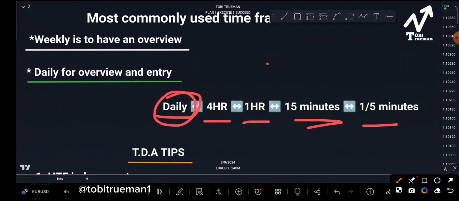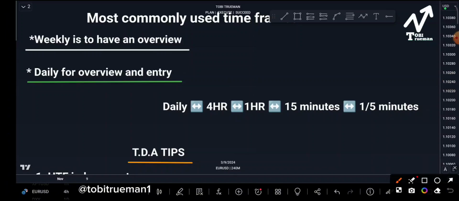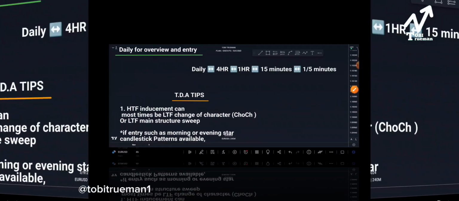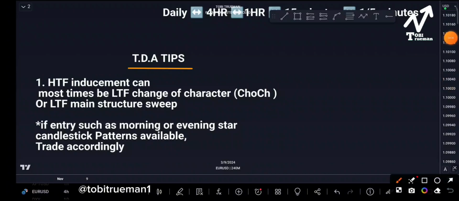I can also do 30 minutes, whatever suits the particular price action at that moment. But these are just the majorly used time frames: daily, 4 hour, 1 hour, 15 minutes, and 1 or 5 minutes.